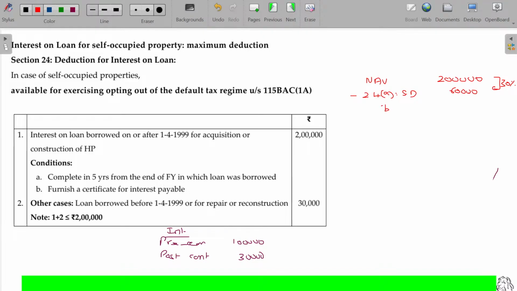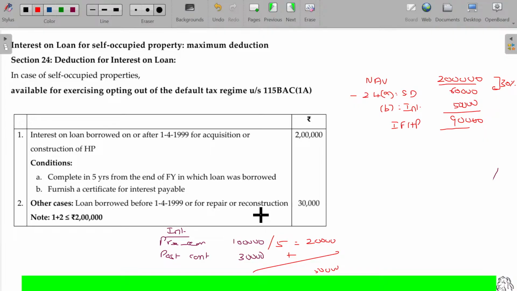Apart from that, 24(b) is all about what? Interest. How much interest can be deductible? You have to find out the pre-construction period interest and post-construction period interest. Pre-construction period interest can be amortized over 5 years, so every year 20,000 rupees. Post-construction period interest, you can directly subtract: 30 plus 20, 50,000 rupees. So 50,000 rupees can be deductible. From 2 lakhs, you can subtract these two values. The balance 90,000 rupees is considered as income from house property.